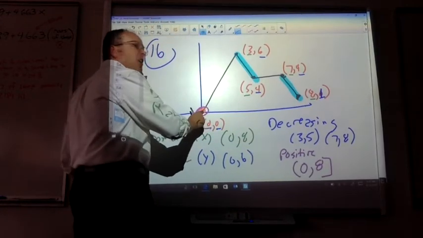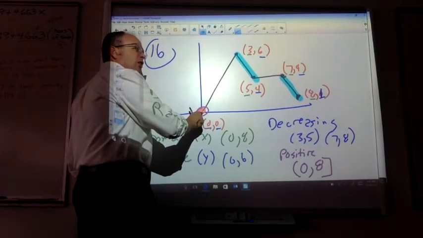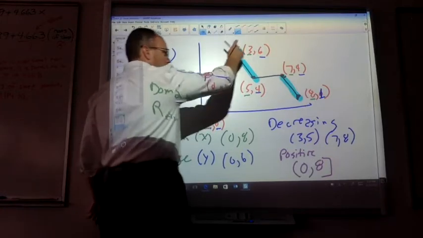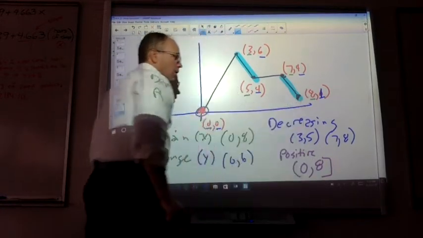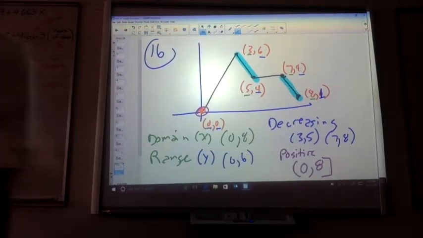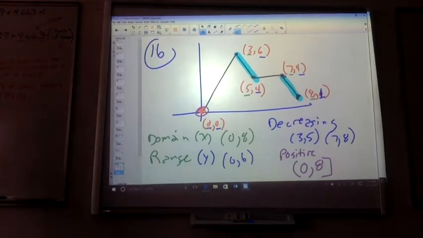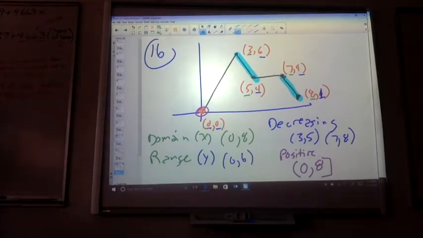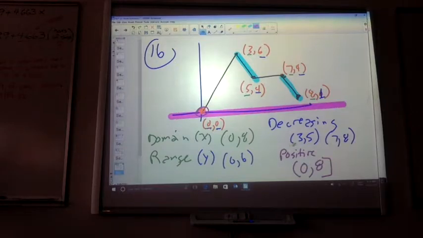Pretty much from here, not including this exact point, but as soon as I start moving to the right, it goes up, and it gets to here. So from 0 to 8, close bracket on the 8, our graph is a positive graph, meaning it's all above the x-axis. Okay?